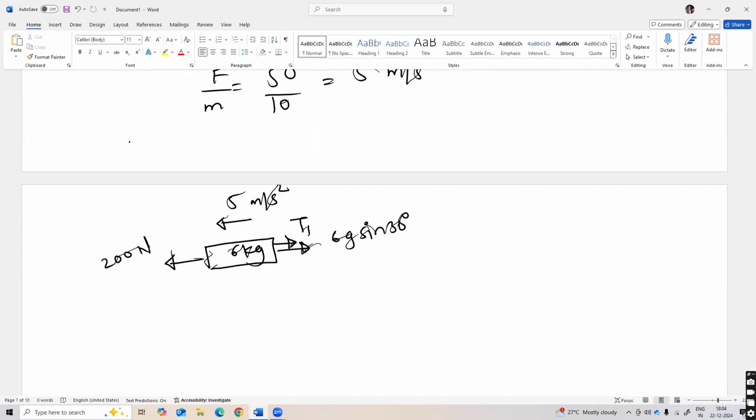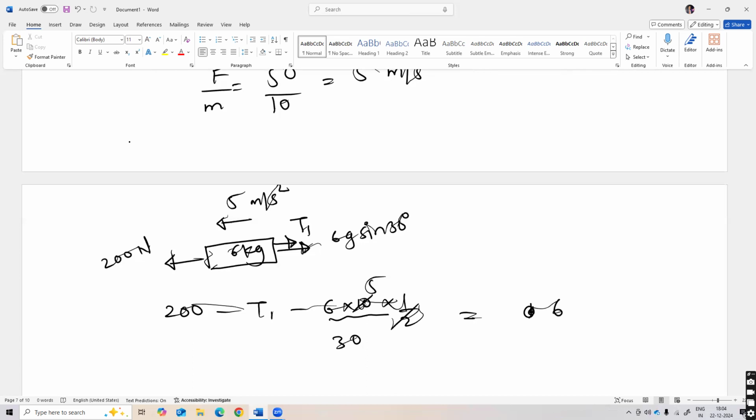So basically if we balance the forces, 200 minus T1 minus 6g sine 30, that is 6 into 10 into sine 30, which is 1 by 2. So 10 divided by 2 is equal to 5, so this whole term will be equal to 30. And this is equal to MA. M here is 6 kg and A is 5.